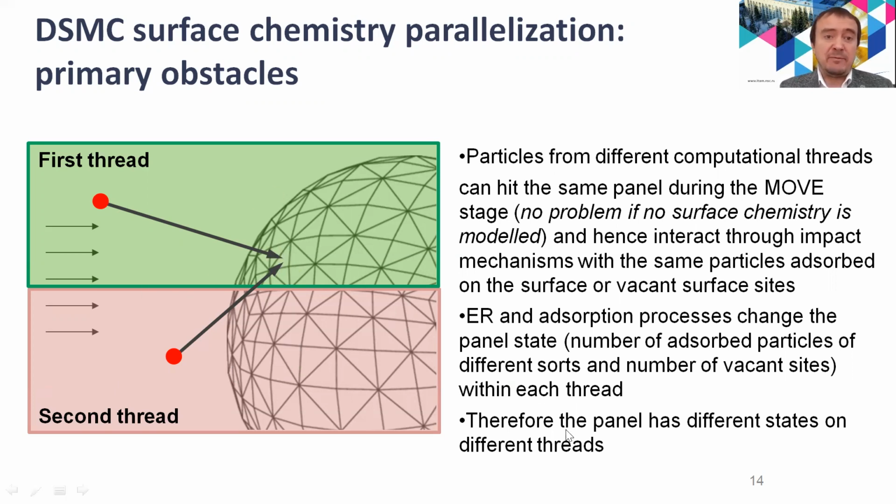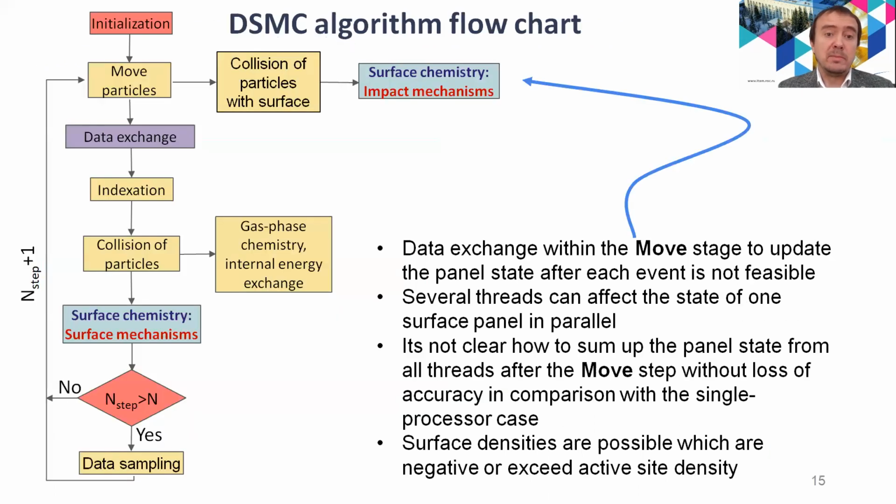We can even have a negative number of some particles on the panel, or we can have more particles than the number of active sites on the surface. And it looks like a problem.